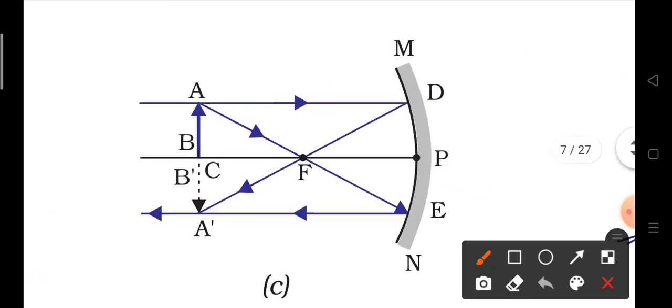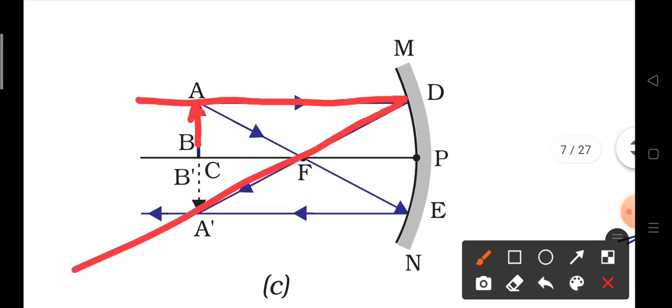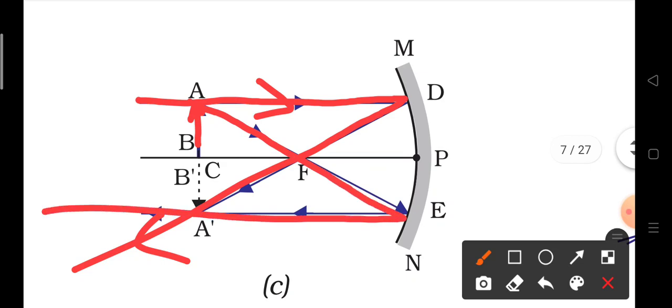In case number 3, we place the object at center of curvature, and here also again we take two rays. One coming parallel to the principal axis will pass through the focus, and the other one which passes through the focus will become parallel to the principal axis. Now the light rays actually meet each other at point A dash.